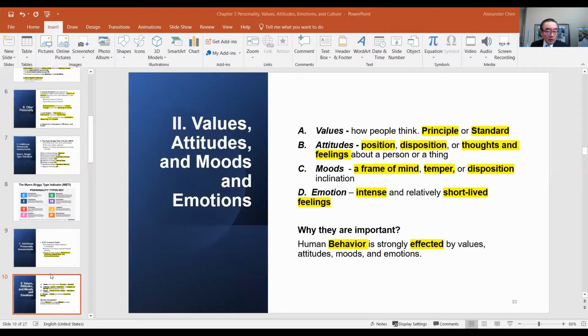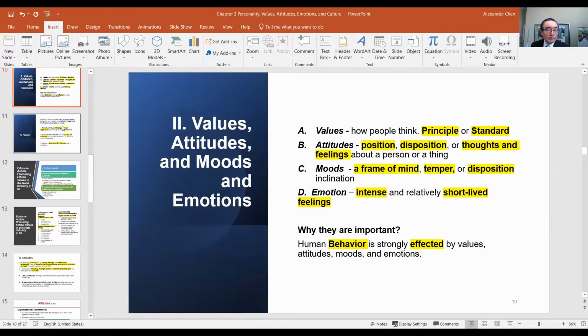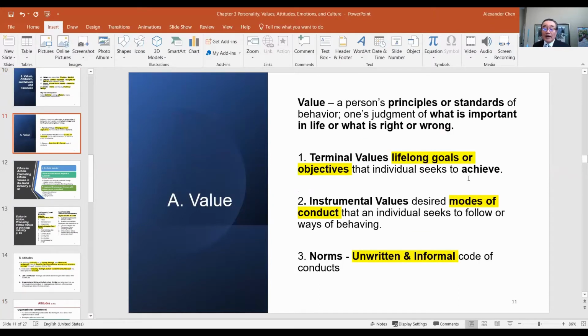And typically we talk about two different kinds of values. According to some researchers, they group values into two categories: terminal values and instrumental values.